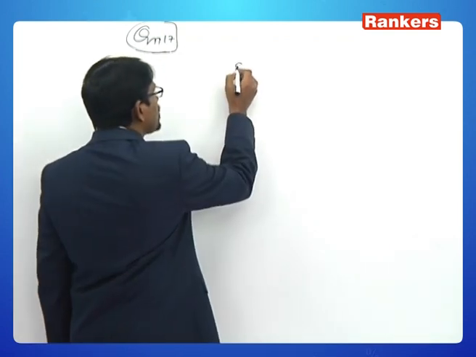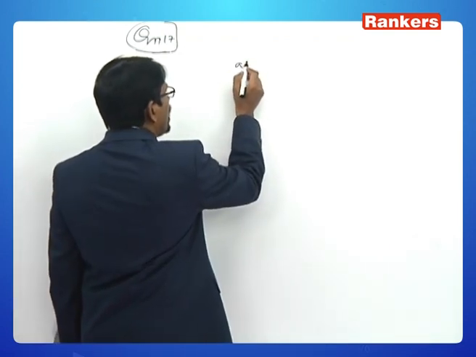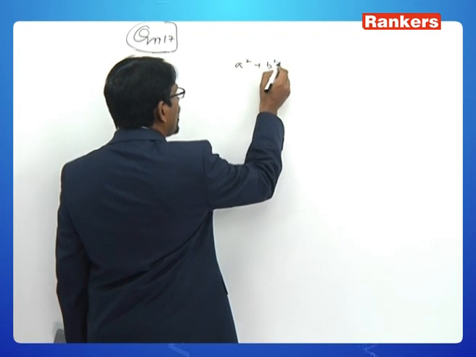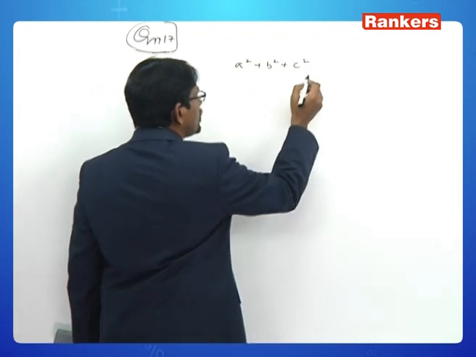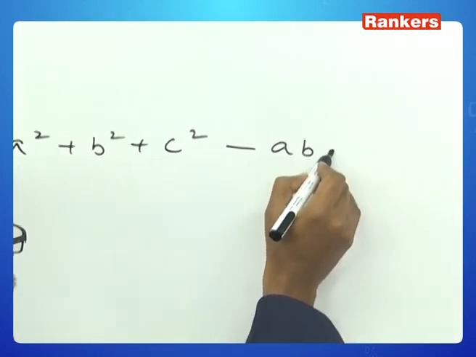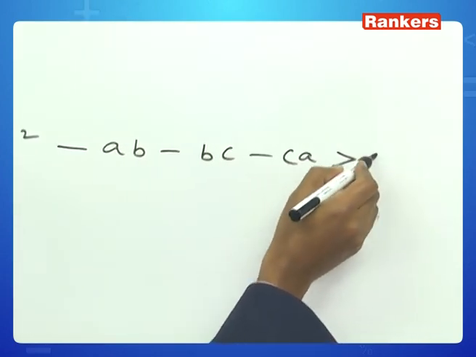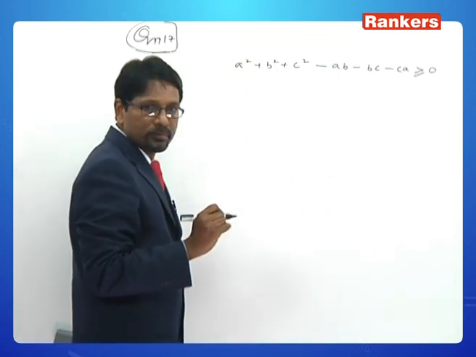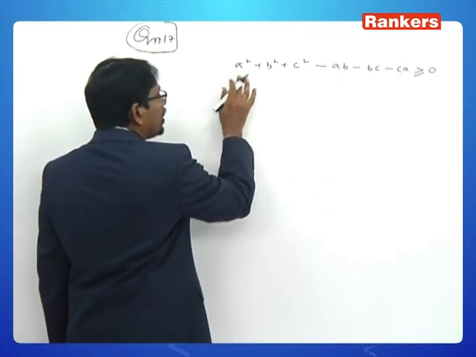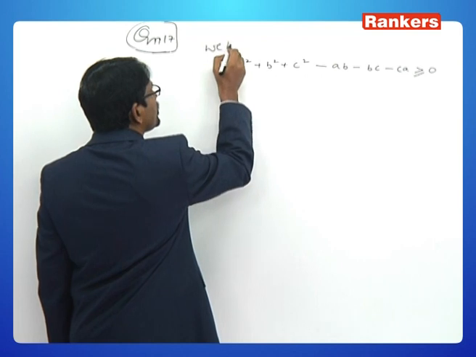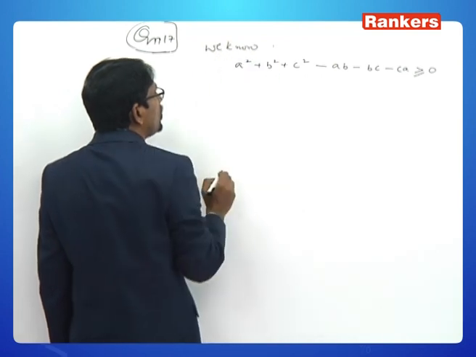Now we know that a square plus b square plus c square minus ab minus bc minus ca is always non-negative. This is known. We'll use this.